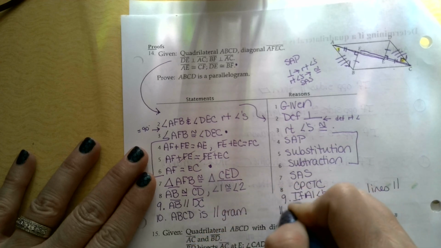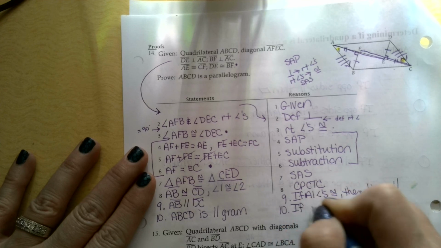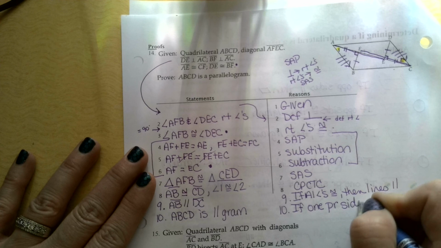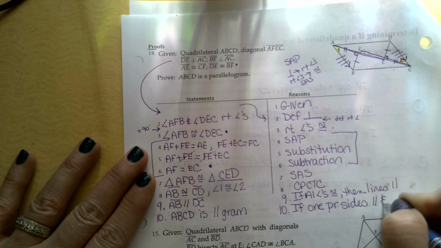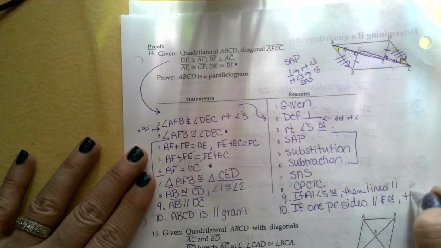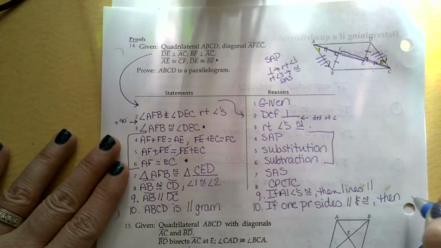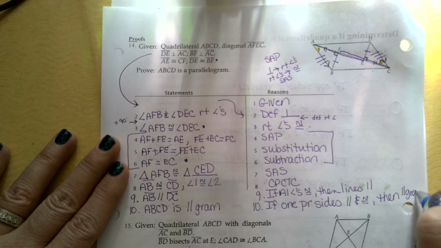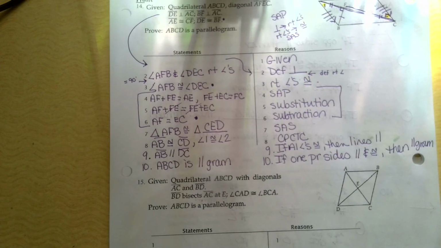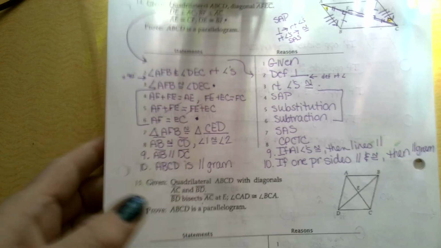And the reason is if one pair of sides are parallel and congruent, which is what we have shown, then you have a parallelogram. That is a great proof. Okay, great proof.